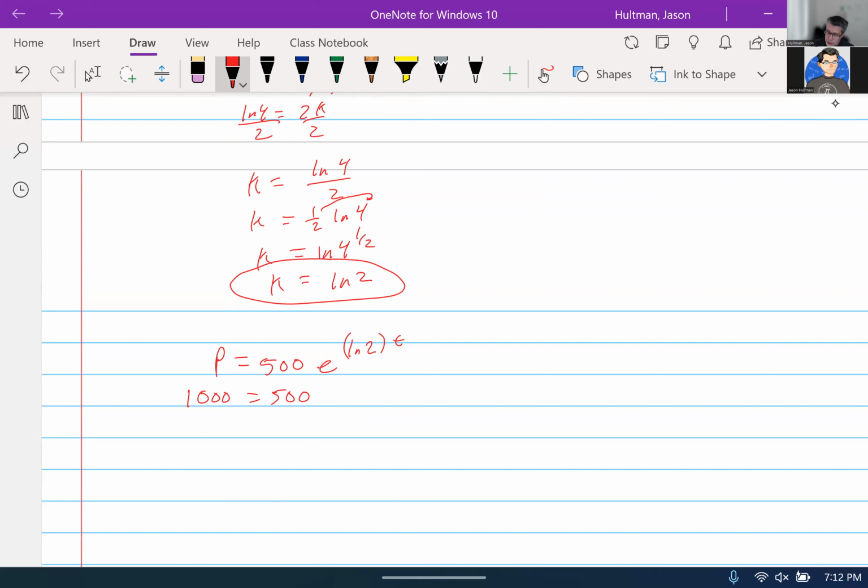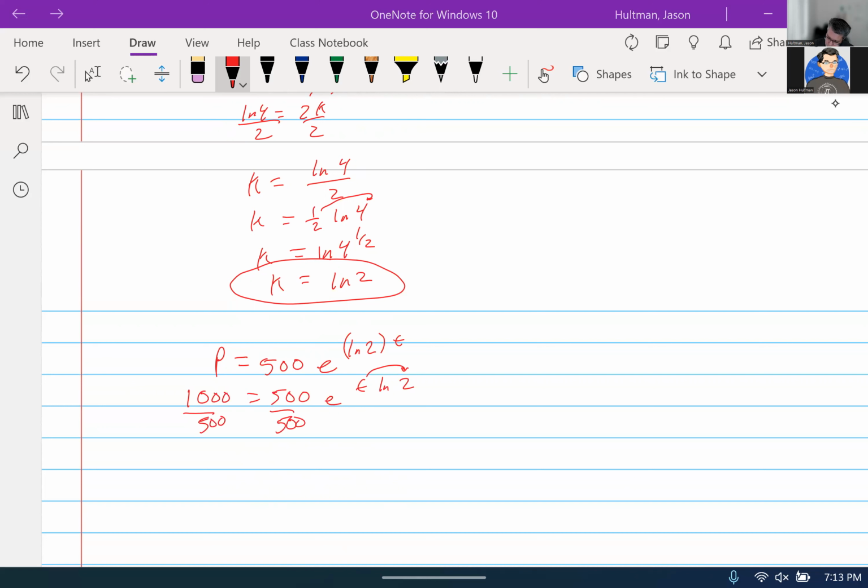Now, how long is it going to take for it to double? We can take that t and make it an exponent, and divide by this 500.